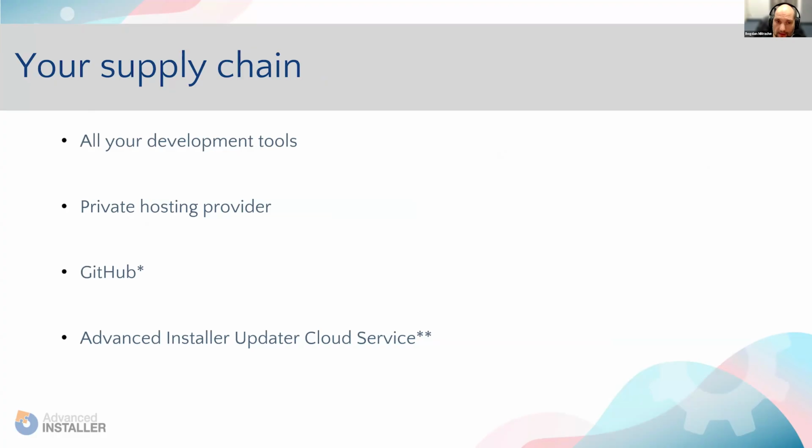That includes Advanced Installer too. We take great caution in protecting our code. Everything that's written and included in Advanced Installer never leaves the headquarters of our company. Everything is self-hosted on our servers. Our only backups are external copies outside of our building.